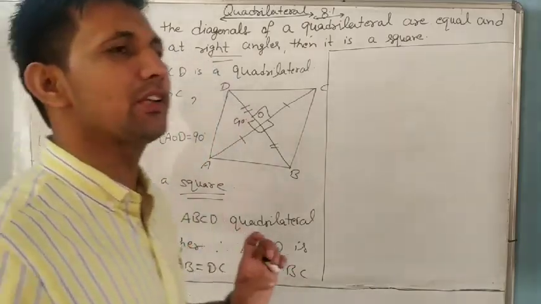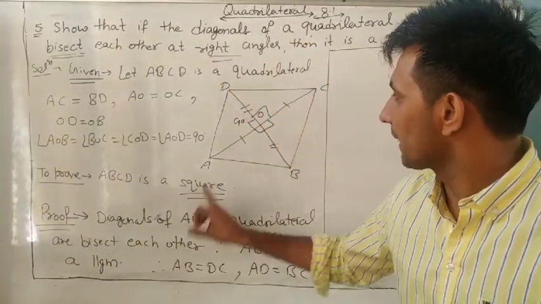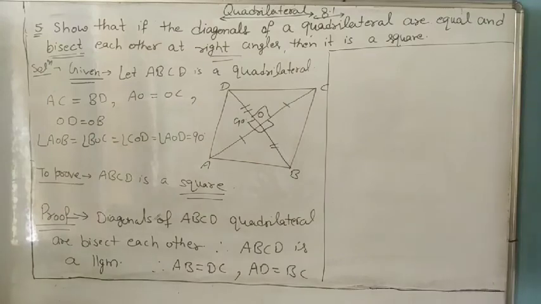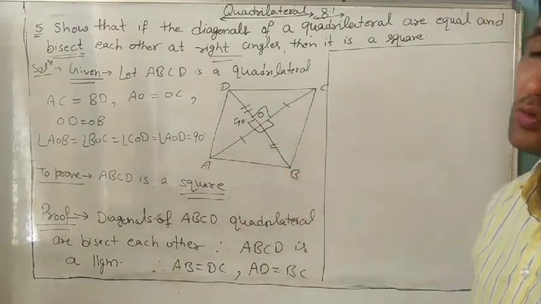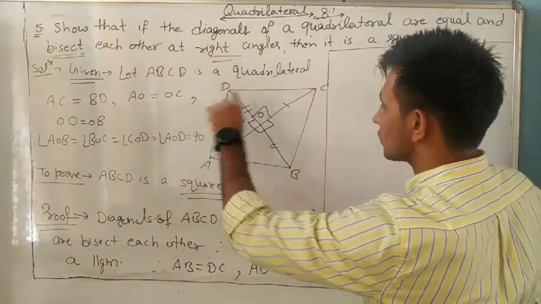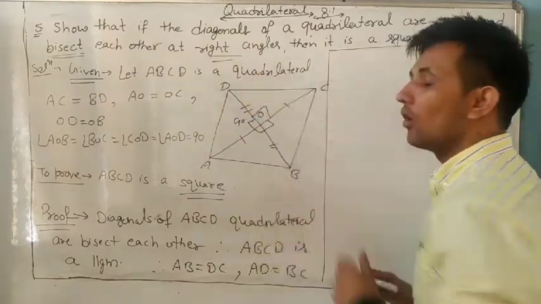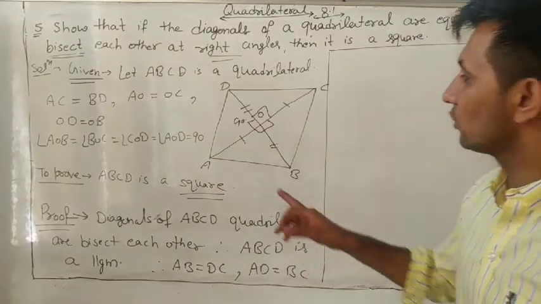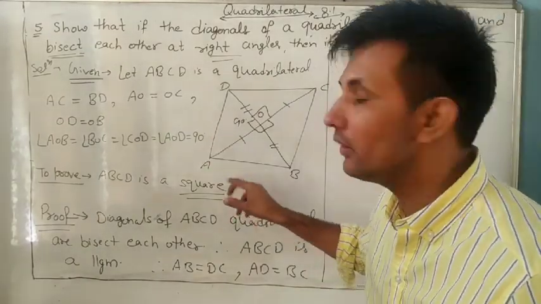We only use the properties of a parallelogram: opposite sides are equal. But we want to prove that it is a square. Square means each angle is 90 degrees and each side is equal. It means AB equal to AD also, BC also and DC also. Only what remains is to show that AB and AD are equal.